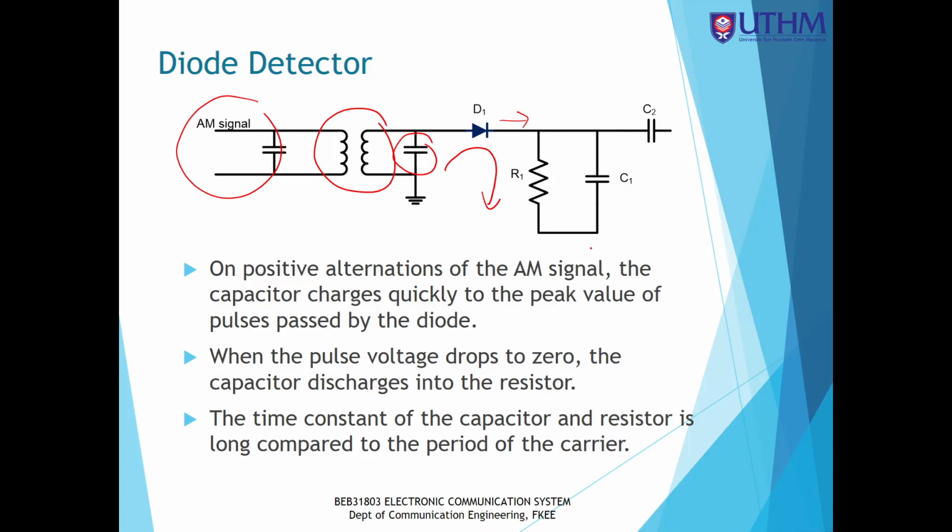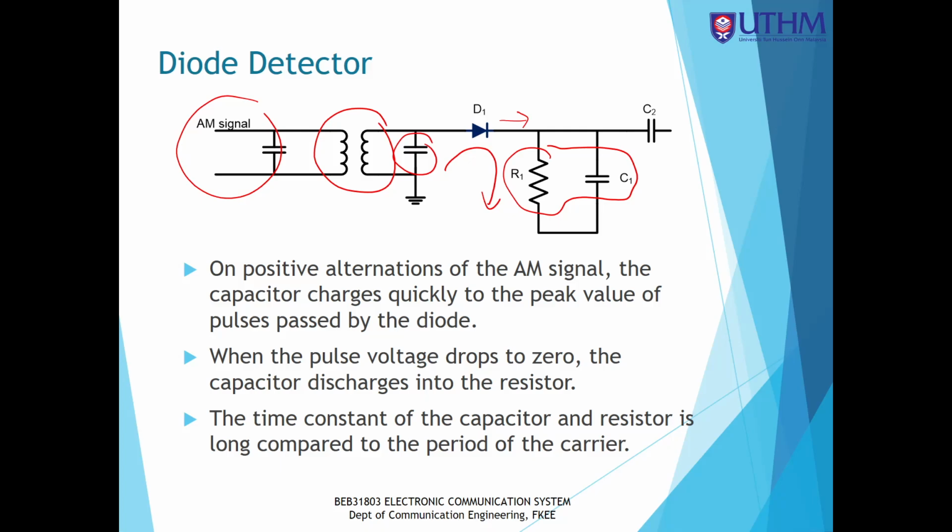the RC tank circuit. This RC tank circuit is like an LC tank circuit, which will store and discharge the energy. It will charge during the forward bias of the diode, and it will discharge during the reverse bias of the diode.